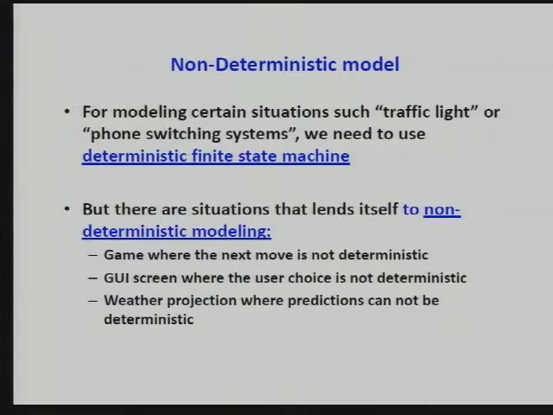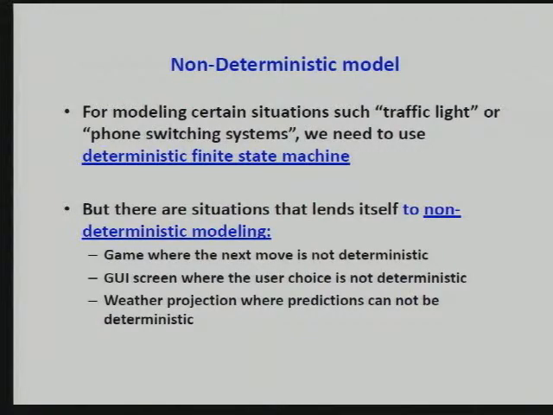You can, for example, put the lights on timers. Phone switching systems can also be made deterministic, but there are situations where systems are more non-deterministic. These are things like games, where the next move cannot be determined because you have to do something on the user interface or hit a certain button to determine that behavior.